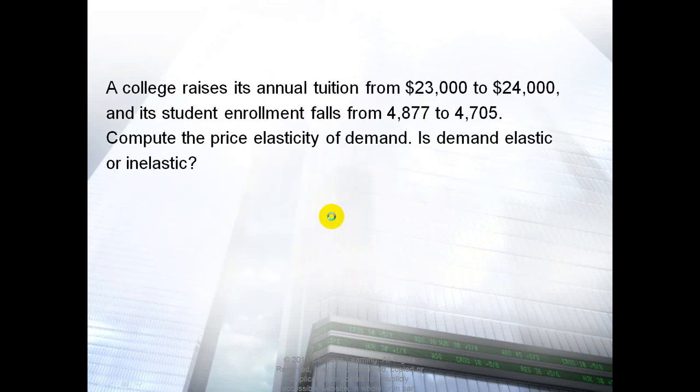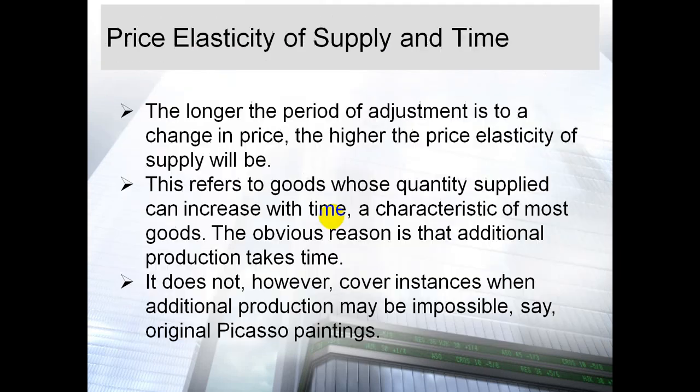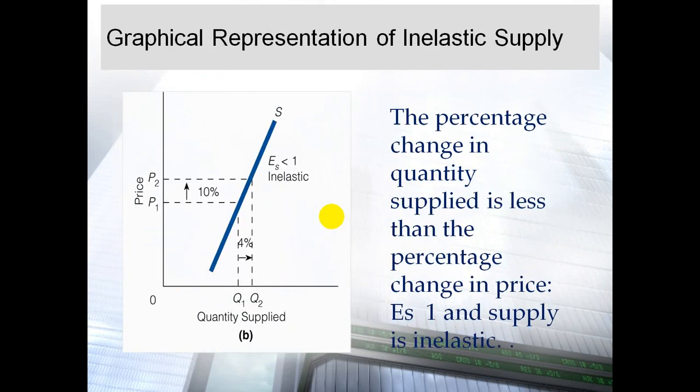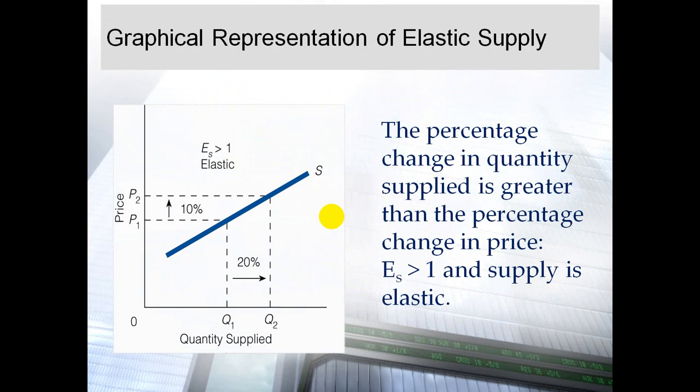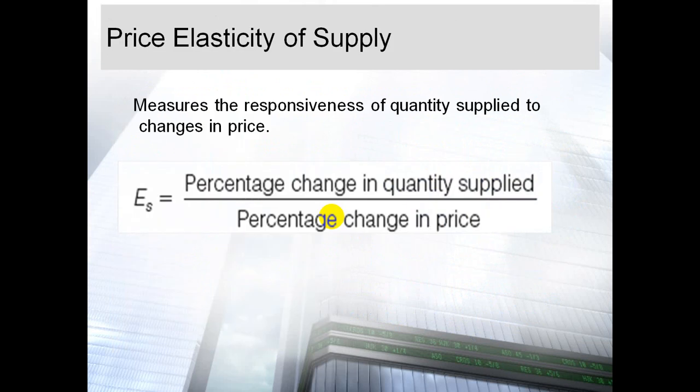So let's cover the final type of elasticity, which is price elasticity of supply. The first type was price elasticity of demand, where we measured the degree of responsiveness of quantity demanded to changes in the price of the product, while here we measure the degree of responsiveness of quantity supplied to changes in what?